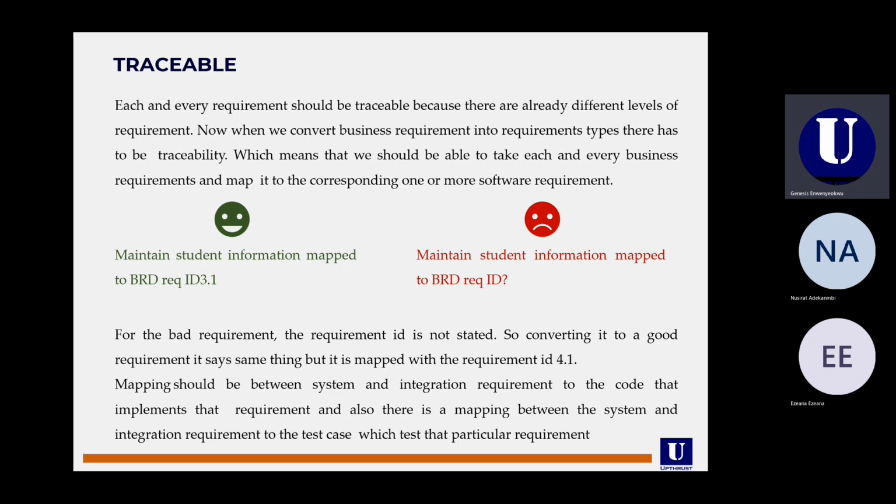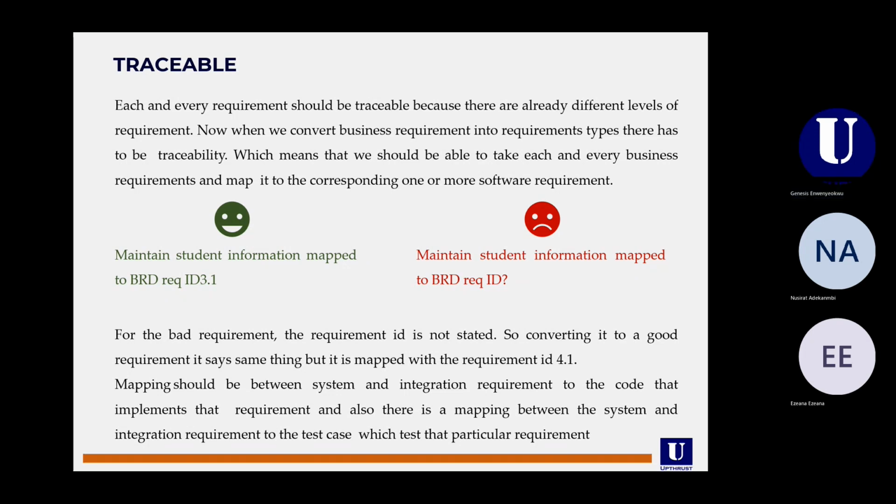each and every business requirement and map it to the corresponding one or more software requirements. For instance, when we give a bad requirement that says maintain students' information mapped to BRD requirement ID, we realize that we are not really mapping it as we ought to, because what is BRD requirement ID?